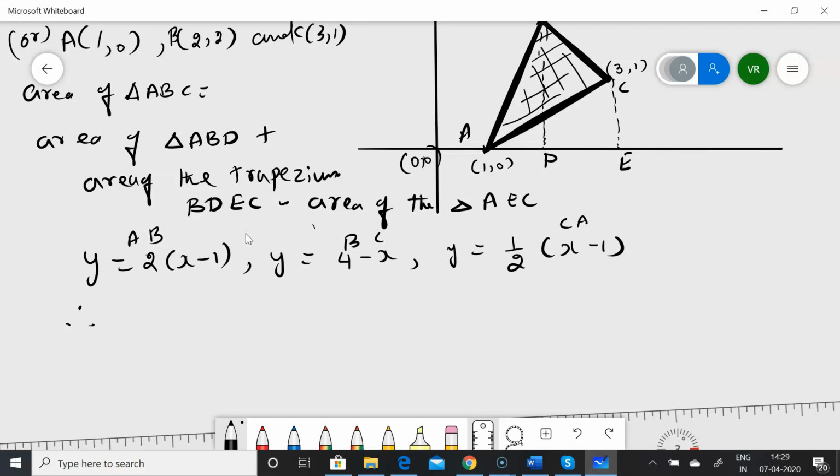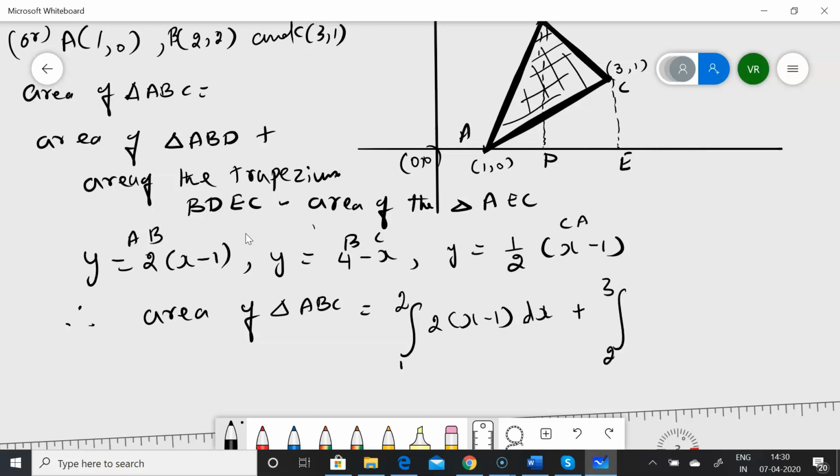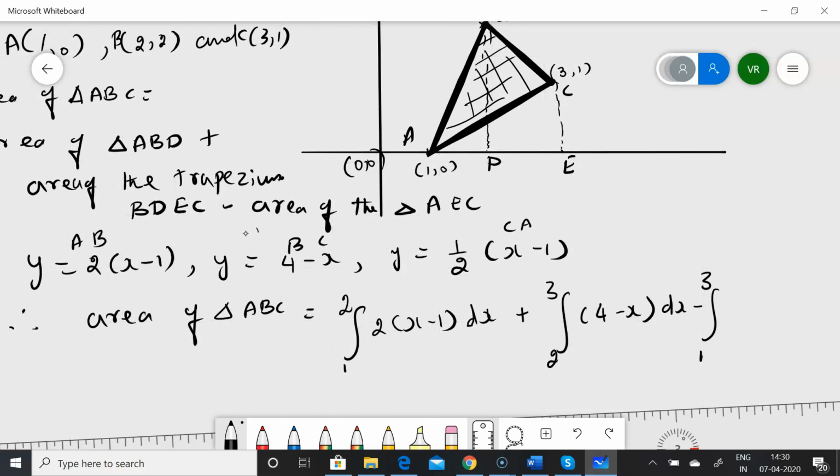Therefore, the required area, which is the area of the triangle ABC, is equal to the integration of 1 to 2, 2 into x minus 1 dx, plus the integration of 2 to 3, 4 minus x dx, minus the integration of 1 to 3, x minus 1 by 2 dx.